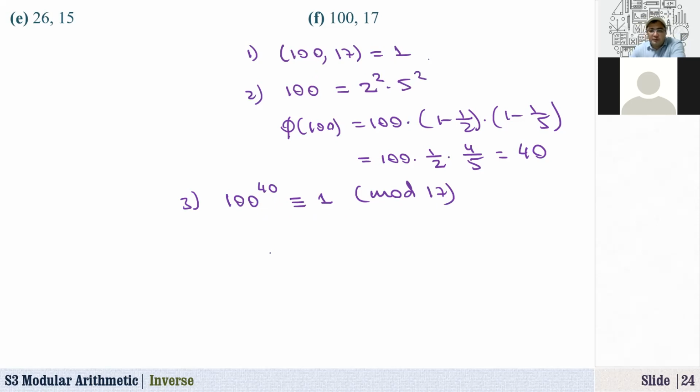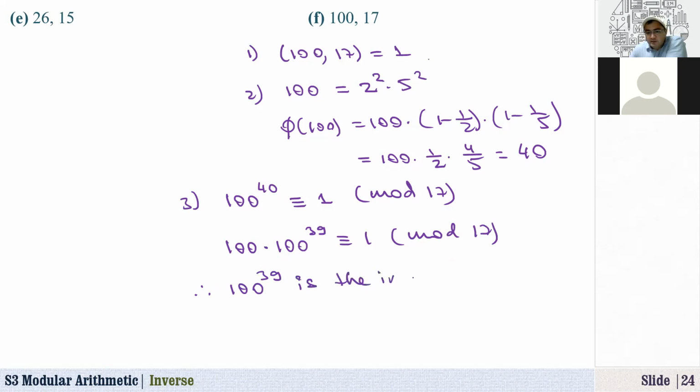And I can write 100 to the power of 40 as 100 times 100 to the power of 39, which is congruent to 1 mod 17. So from here, 100 to the power of 39 is the inverse of 100 mod 17.